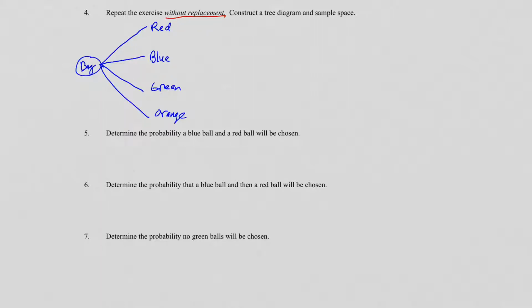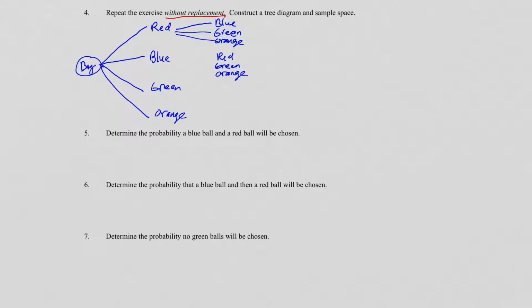So once the red ball is chosen, there is no red, and now I can only choose between the other 3, which is blue, green, and orange. If I take out the blue, I'm only left with red, green, and orange.